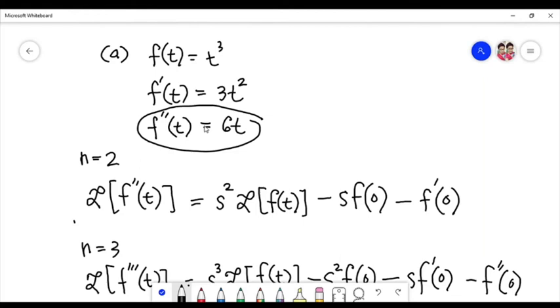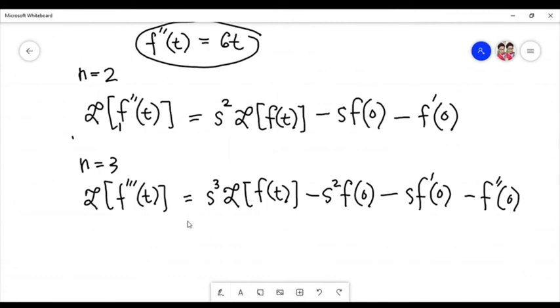In this case, the second derivative is enough, but we can also solve for the third if we use the third derivative. Let's say for example we use n is equal to 2.